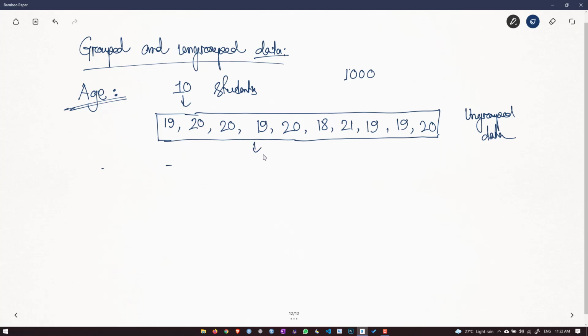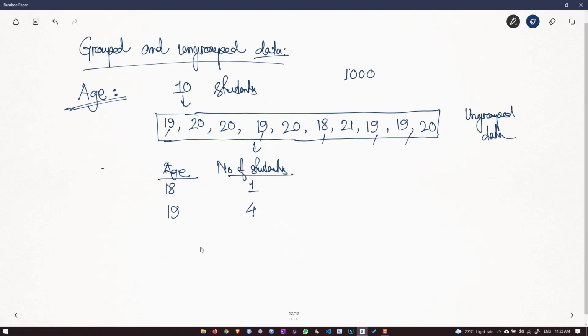So in this situation, we can count how many of them have the lowest age, which is 18. So age 18, number of students, there is one student with the age 18. 19, there are 1, 2, 3, 4.